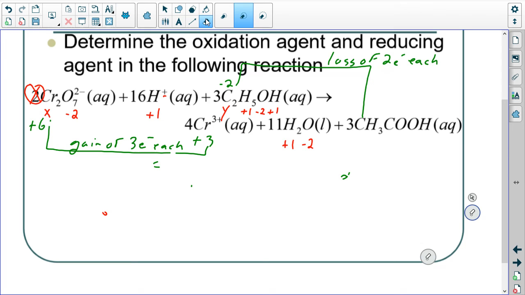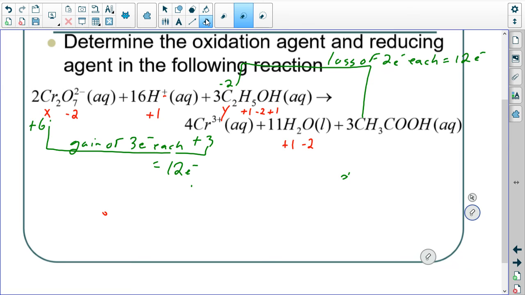Now in this case, because I have 6 here, I lose 12 electrons total. Now the 2 in front of this, the 2 and the 3 come into account. I have 4 chromiums here. I end up with 12 electrons being gained also. That's what we're going to do there when we start to balance these. That's what we're going to work with.